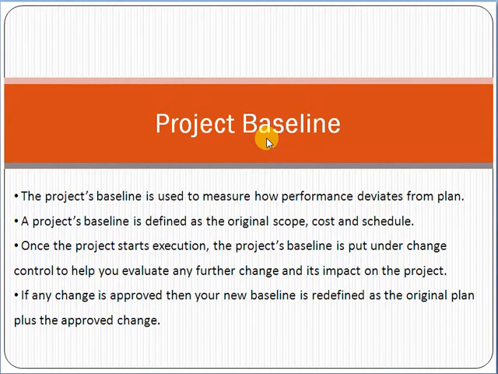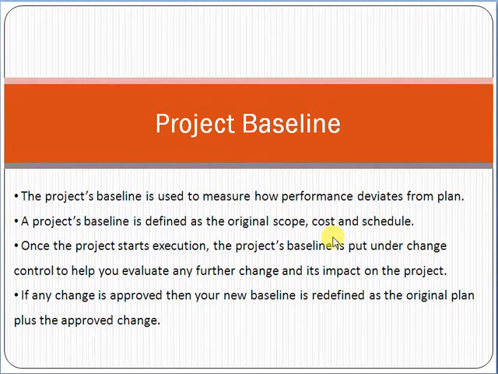Whenever we start a project, we baseline the project. Baseline means the original scope, cost and schedule, so that we can measure the performance at some later stage. Let's suppose you are starting a project.